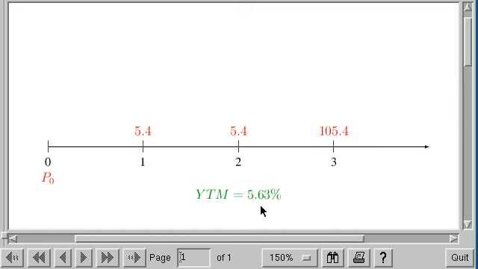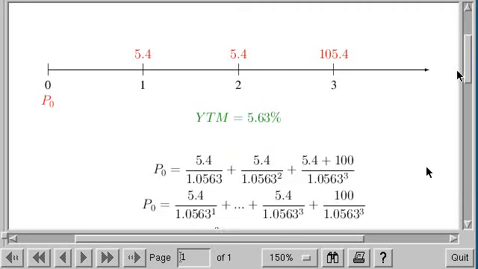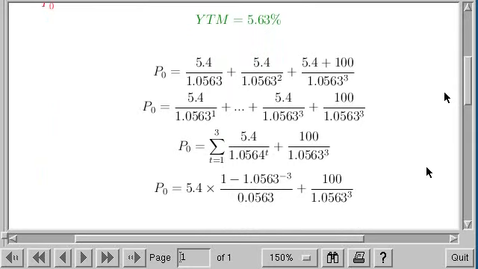We know that the YTM is 5.63%, and then the bond price now should be the present value of all these cash flows discounted at this rate. Let's try to write this. So here we discount all the cash flows.